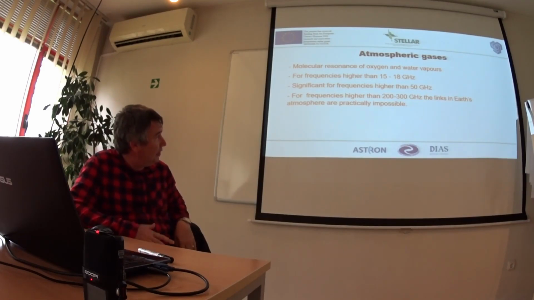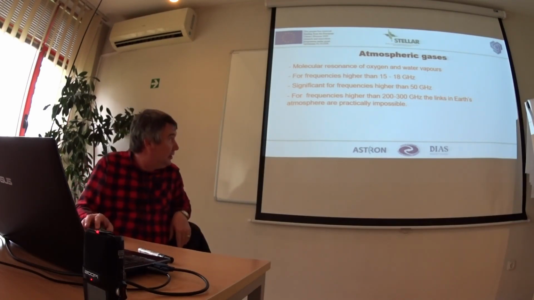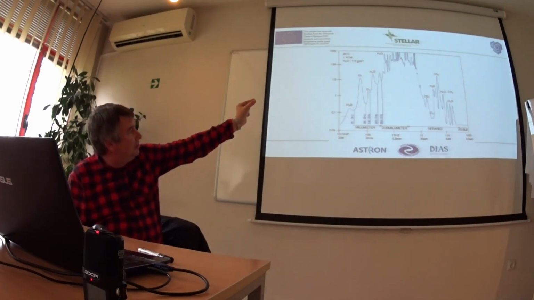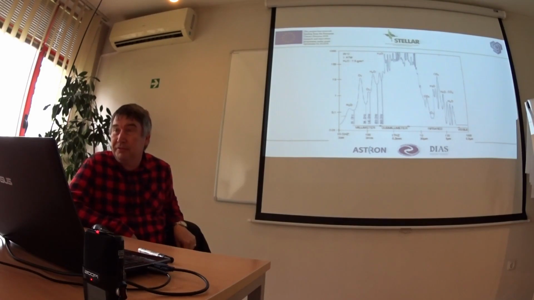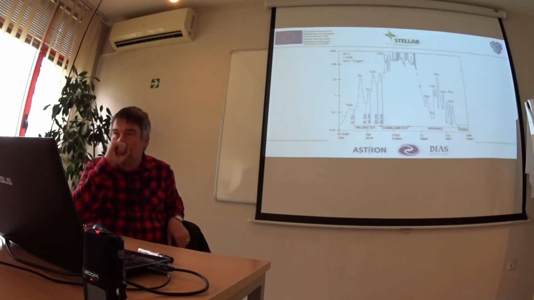So in our case, for radio waves, oxygen and water vapor, you will see on the graph next slide that it has a resonance character. You could see the thin lines where we have a high absorption, and between them we have some white part, a number of frequencies with small attenuation.